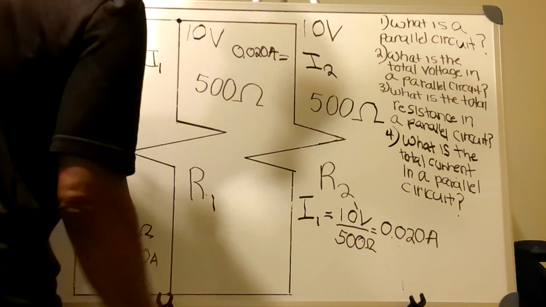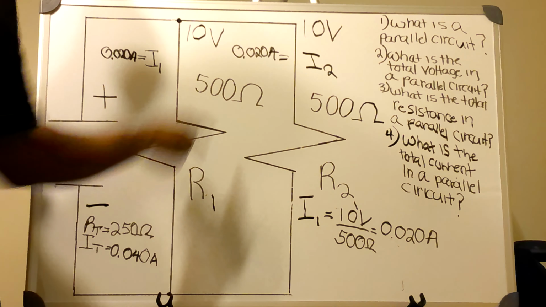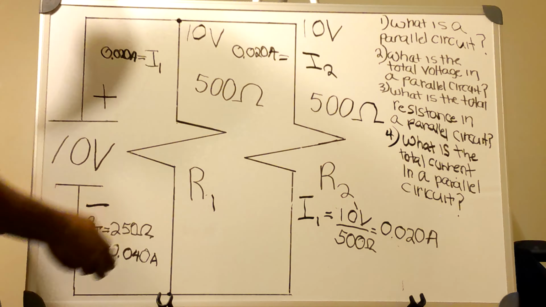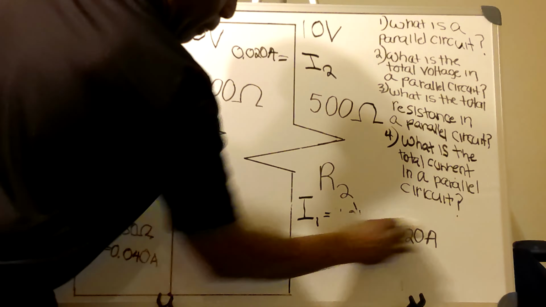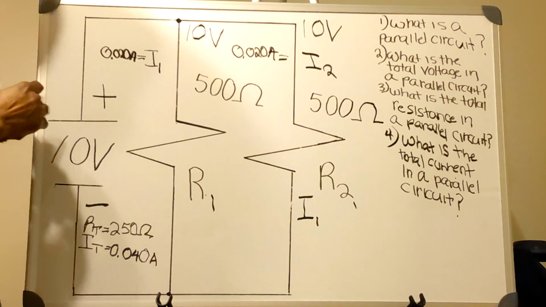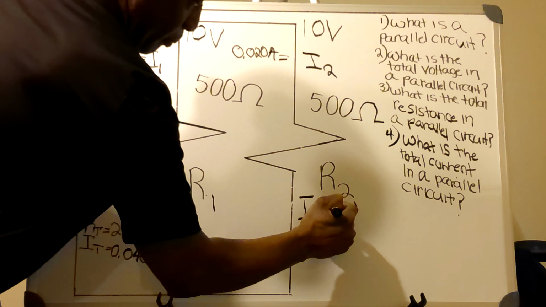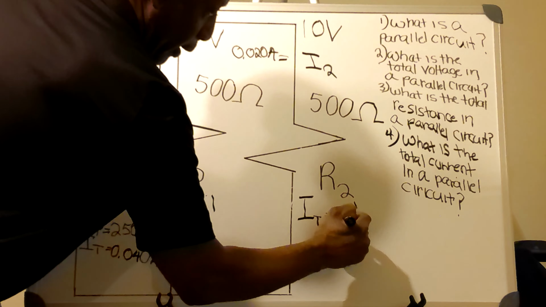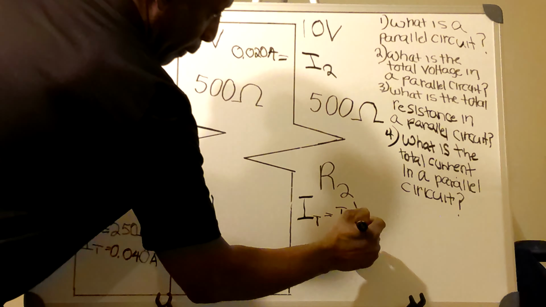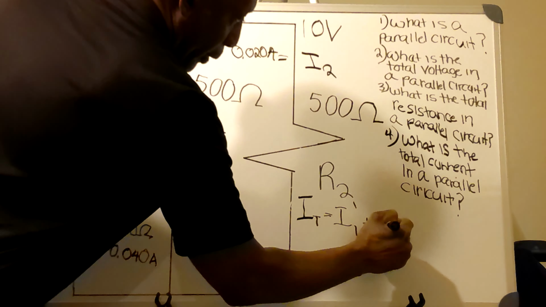The total current is the sum of these two currents flowing down through these two resistors. So now we're back to IT equals the I1 current plus the I2 current.